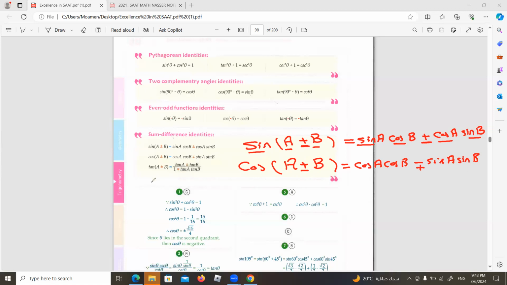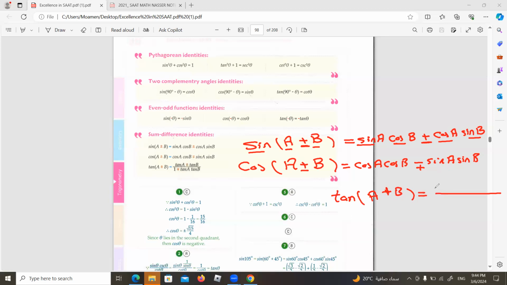Okay, we're going to the tan. What is the rule of the tan? Tan of the sum or the difference of two angles. Tan A plus B or tan A minus B. Let's start by writing tan A plus B first in order not to confuse.